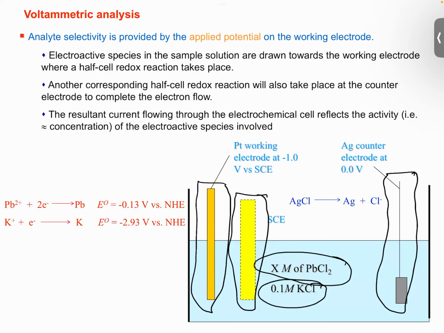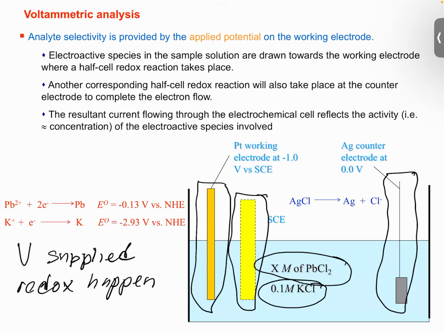Potential voltage has to be supplied to the system, and the redox reaction happens. When the redox reaction happens, there is electron transfer, and current is produced. So this is the whole process: potential being supplied, redox reaction happens, and current is produced.